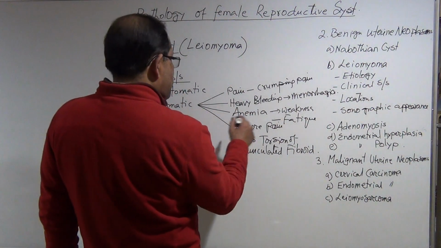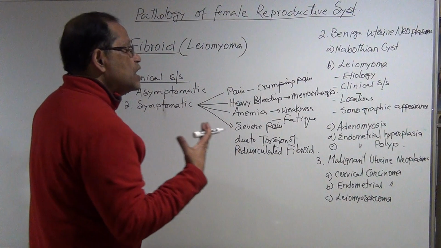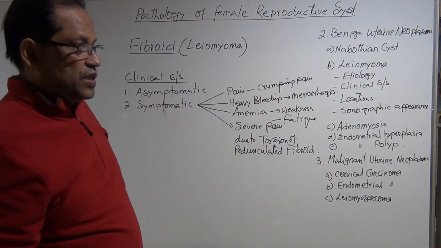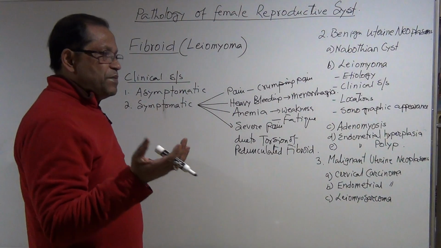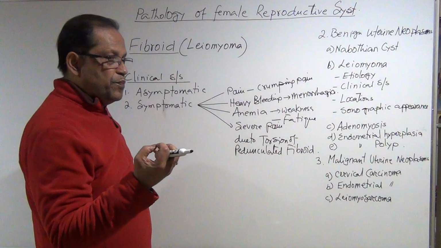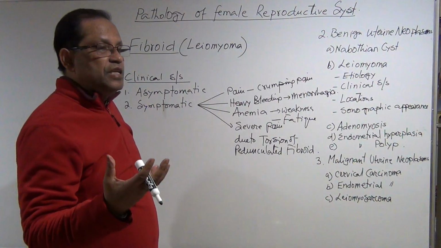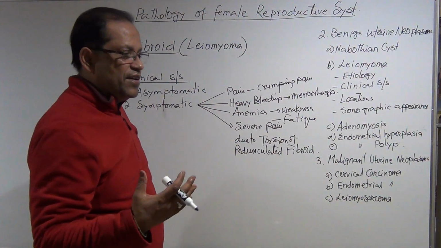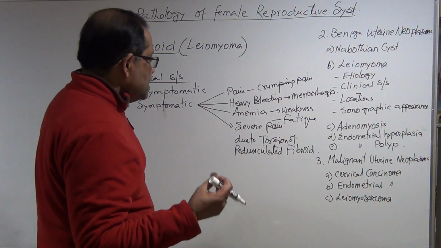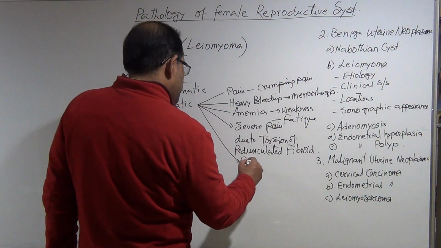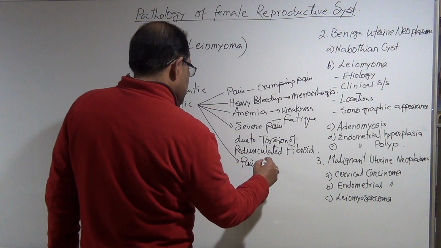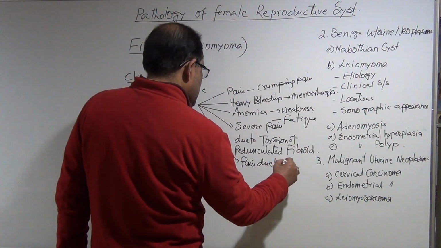And the patient may also have pain due to necrosis, ischemic pain, because if the fibroid is trying to grow bigger but enough food and oxygen are not available, the patient may develop ischemic pain. Okay, so sometimes pain due to necrosis.